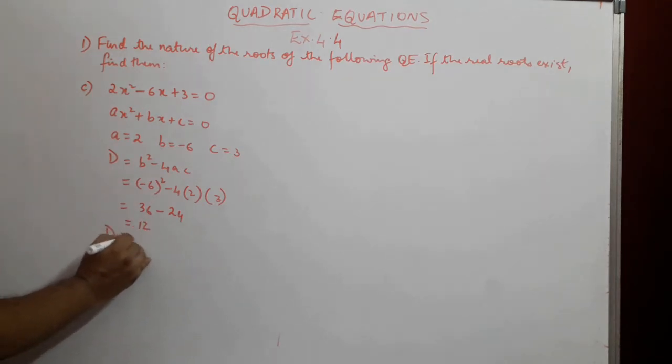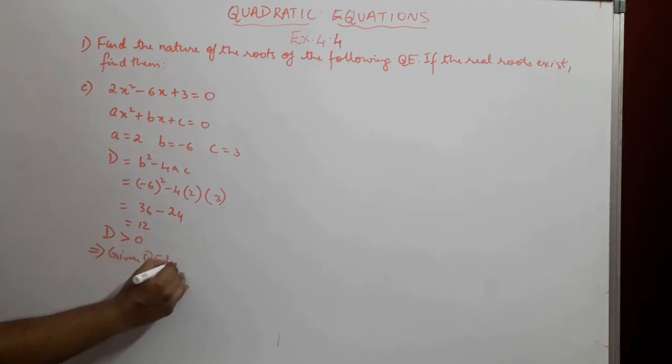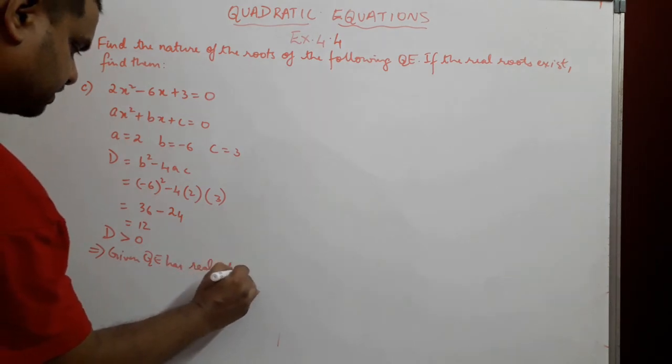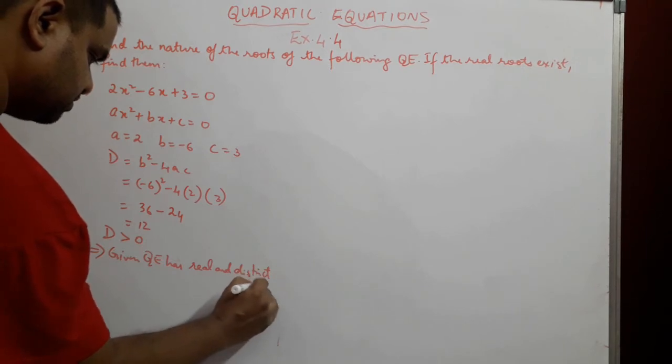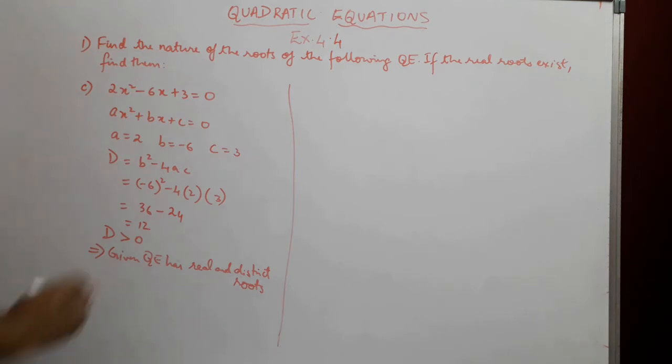That means d is greater than 0. This implies that given quadratic equation has real and distinct roots. So we'll get two roots over here that are distinct.